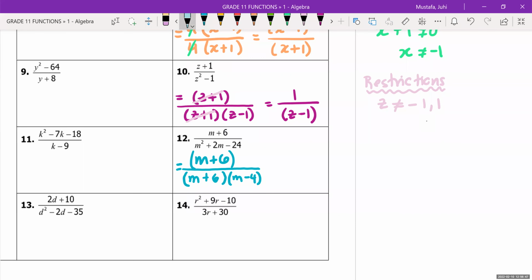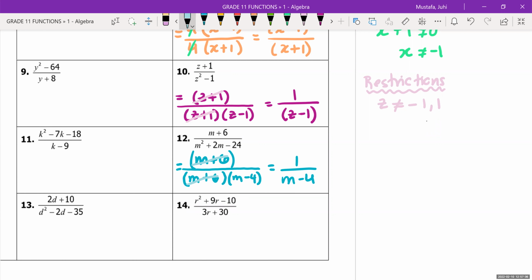What can we cross out? Good. And by the way, these questions will always give you something where you can cross them out. If you find that you can't cross anything out, you've probably done something wrong. And so your simplified answer is going to be 1 over m minus 4.